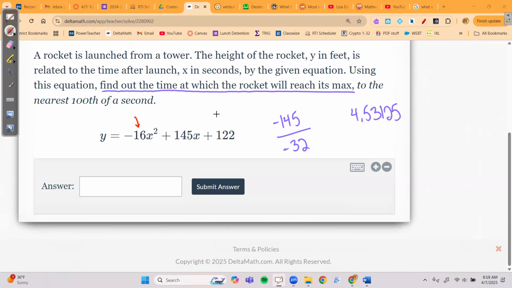And it says to the nearest hundredth of a second. How many decimal places is that? 2. So far today, we've seen a whole number, we've seen a tenth, we've seen a hundredth now. So what would this be rounded to 2 places? 4.53 is correct. So we could then say that at 4.53 seconds, the rocket would be at its apex, right?